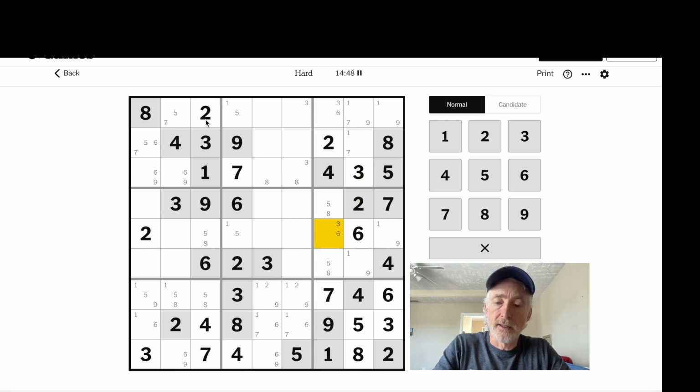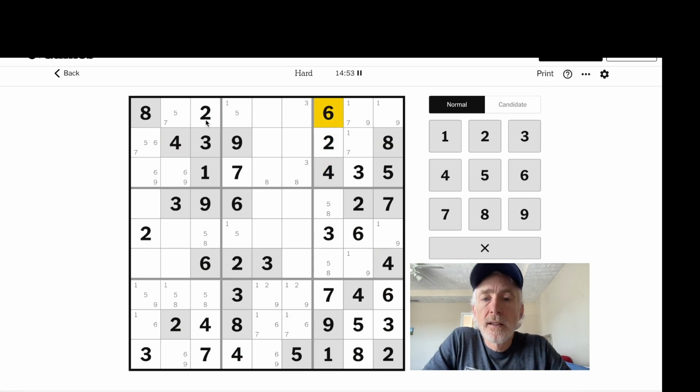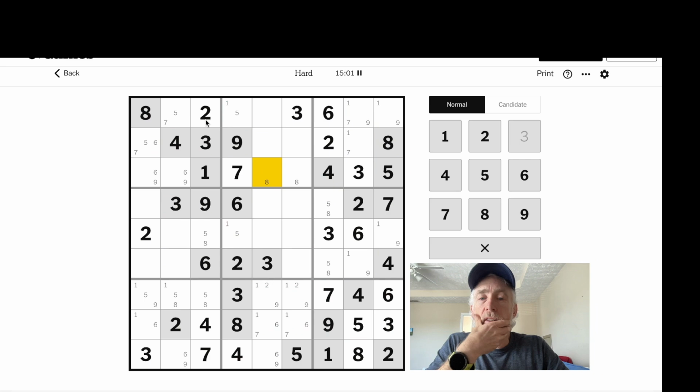This is 6, this is 3, this is 6. That 3 right here points to this 3, so makes this cell a 3. This is now a pair. What is it? 8, 9? No. 2, 8.